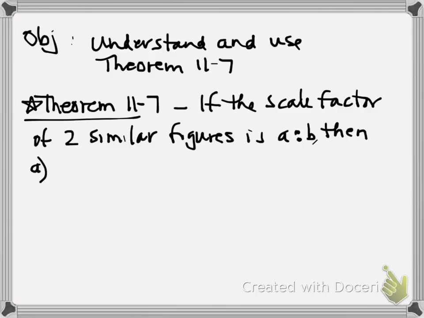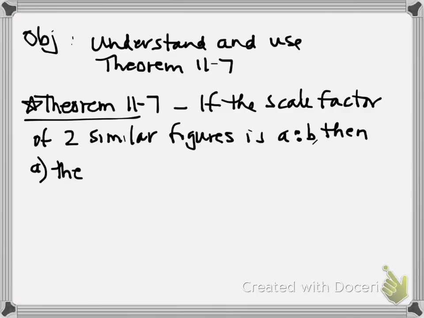Remember we were talking about the area of similar triangles ended up being the square of the scale factor? Well, that was just triangles in our notes. This is any figure. So this could be pentagons, hexagons, squares, any similar figures, okay?